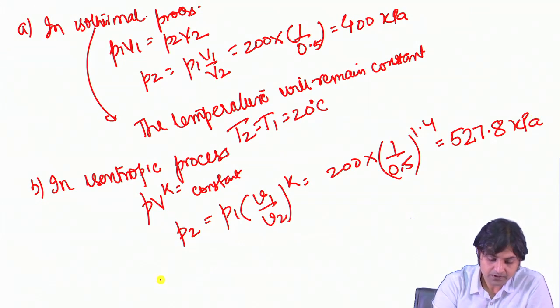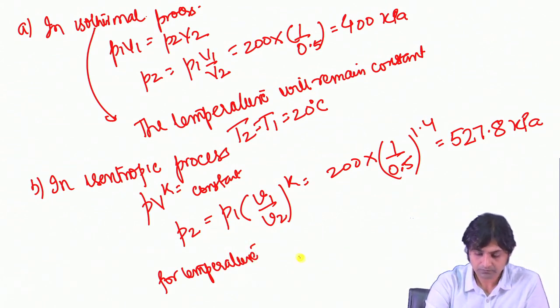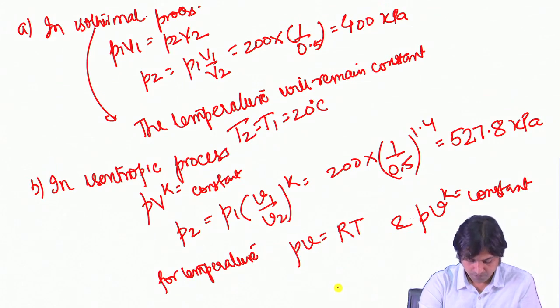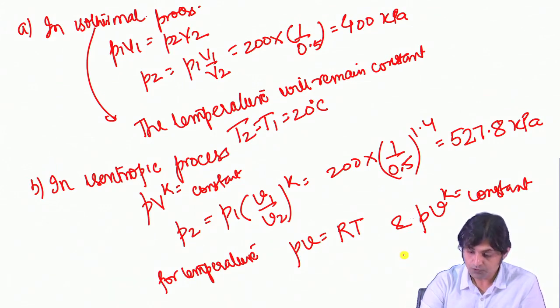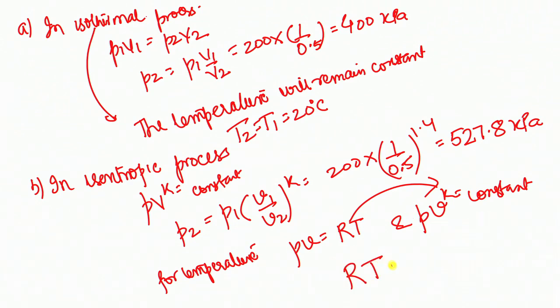Okay. Now for temperature, PV is equal to RT and PV to the power k is constant, right. So we can use this equation here and then we can write RT V to the power k minus 1 is equal to constant.